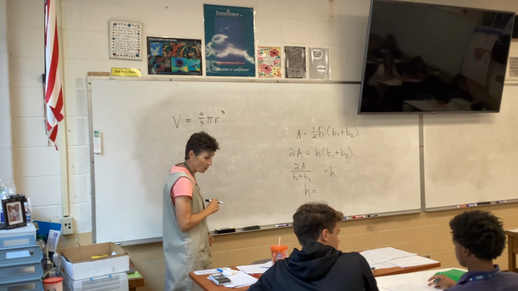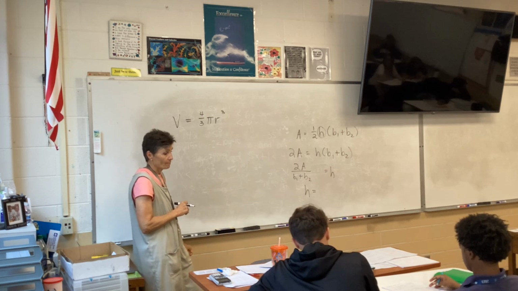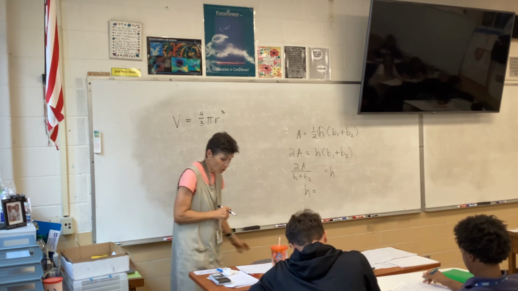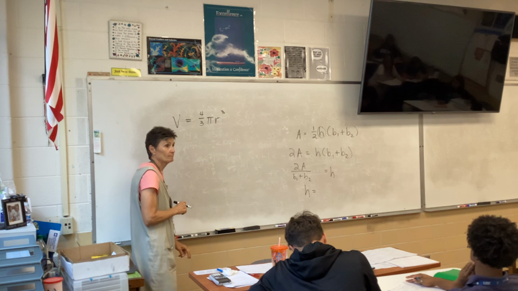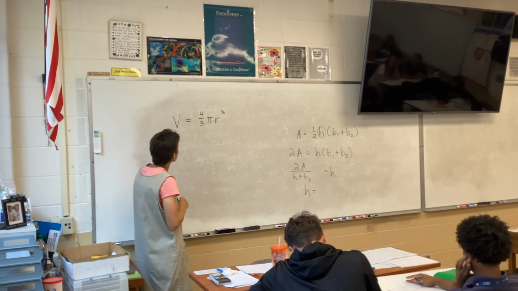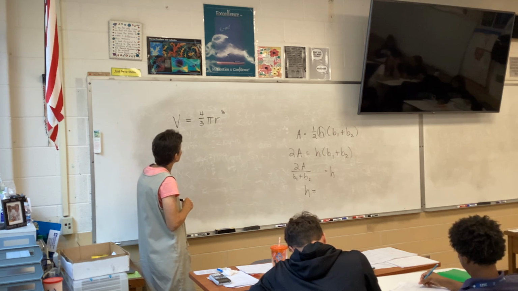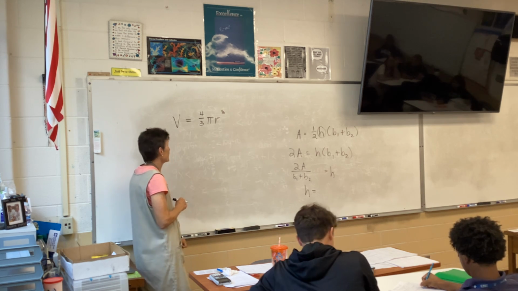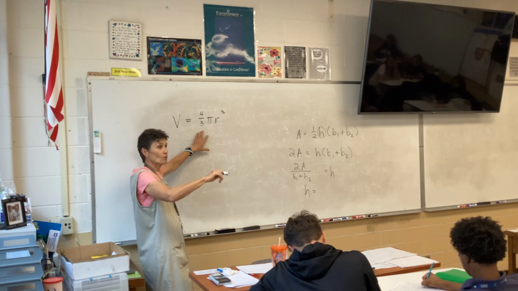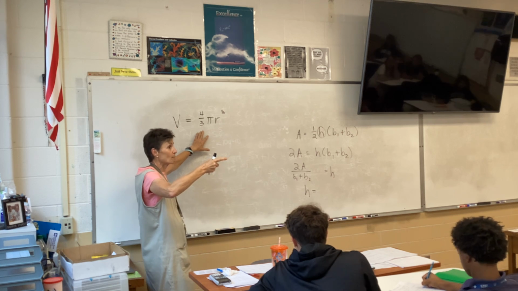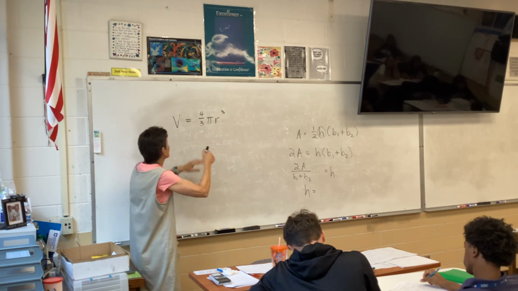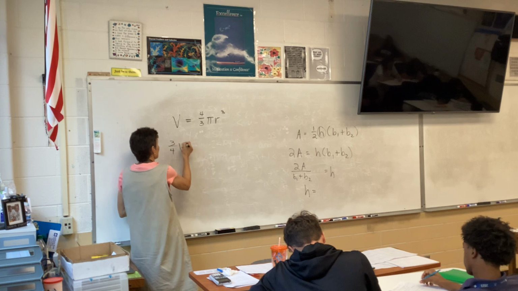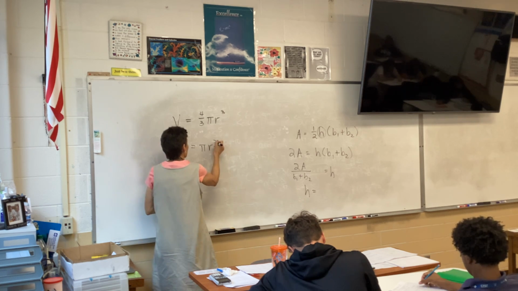And we want to solve for R. So George, what would you do first? I would divide both sides by 4/3, just get the fraction out. Okay, so dividing both sides by 4/3 is the same as multiplying both sides by 3/4. So 3/4 V equals pi R squared.